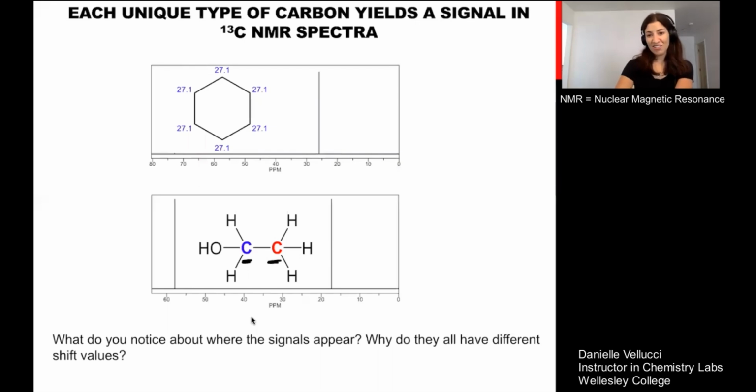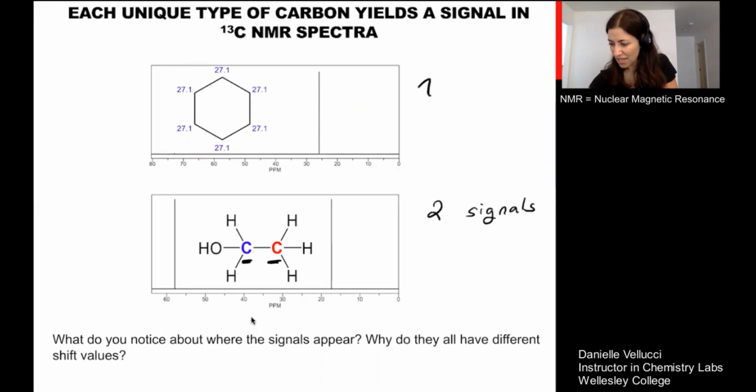So when we look at ethanol, you should not be surprised to find 2 unique signals in your C13 spectrum. And again, just like in the one above, the signals are always very fine lines that go vertically up and down. Here, however, you'll notice that there is one signal between 10 and 20, and another signal much closer to 60.